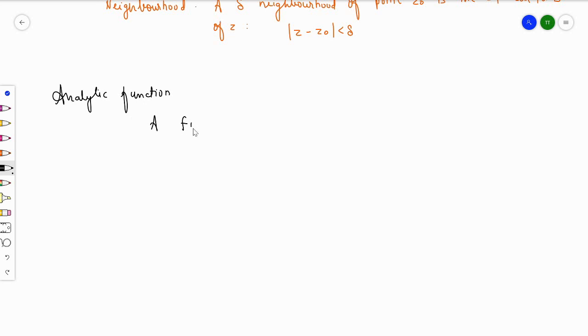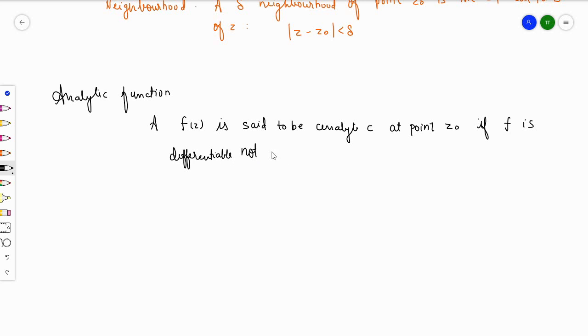A function f of z is said to be analytic at point z0 if f is differentiable not only at z0 but at every point of some neighborhood of z0.